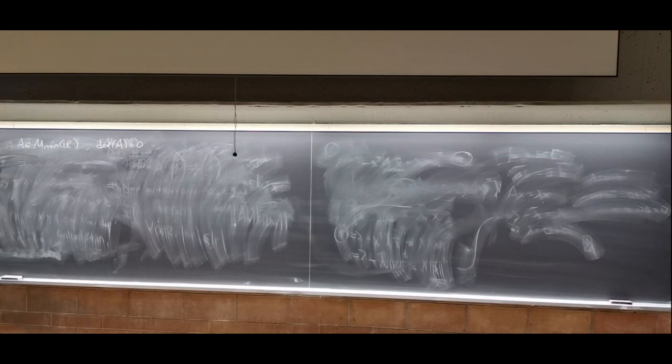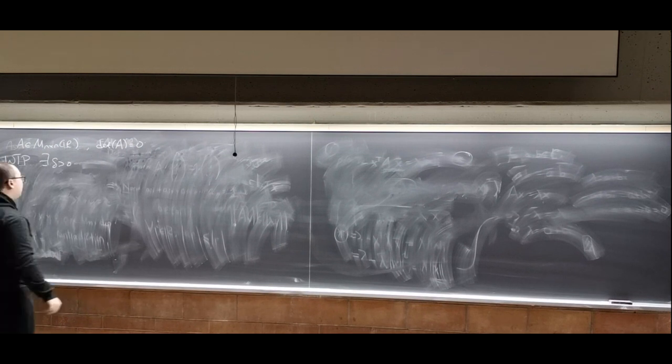Can you guys even see that? I don't think so. We want to prove there exists such a delta greater than 0, so that for sufficiently small values of delta, the matrix A minus delta is not singular.